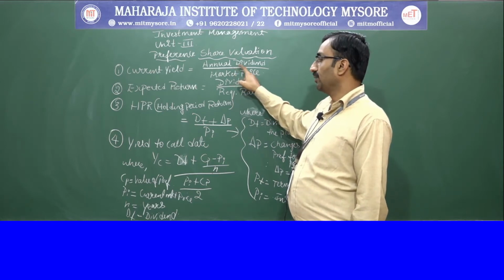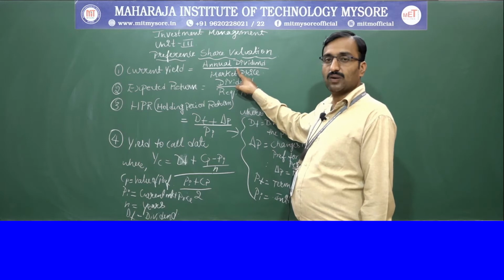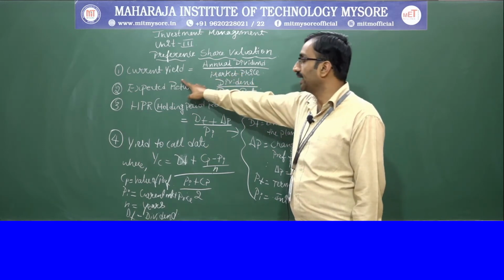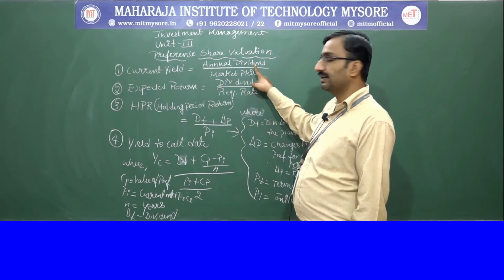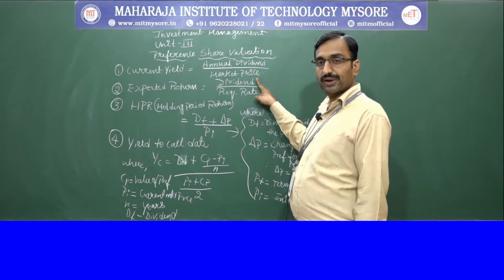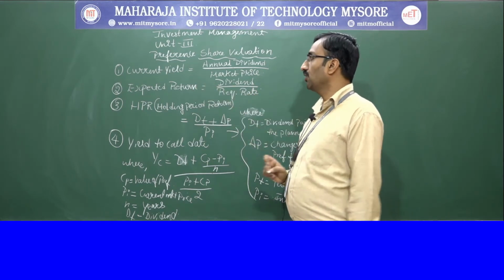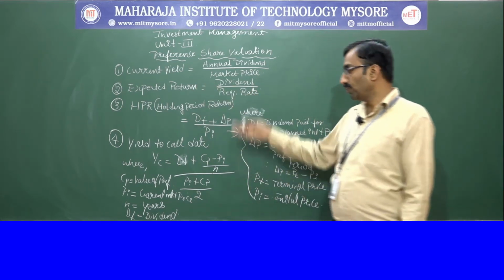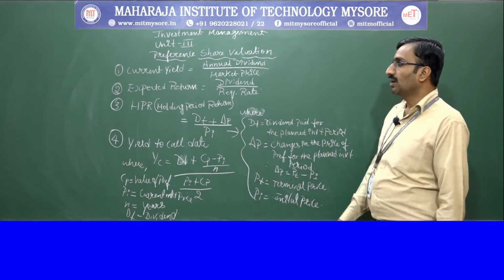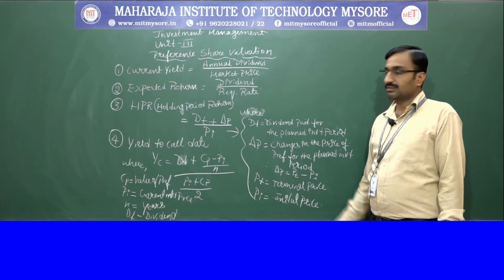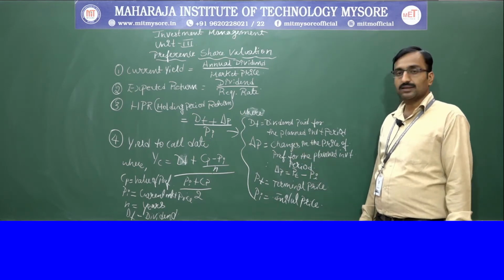The value of the preference can be found in terms of current yield: current yield is equal to annual dividend divided by market price of the preference. We apply these 4 formulas to evaluate the preference share.